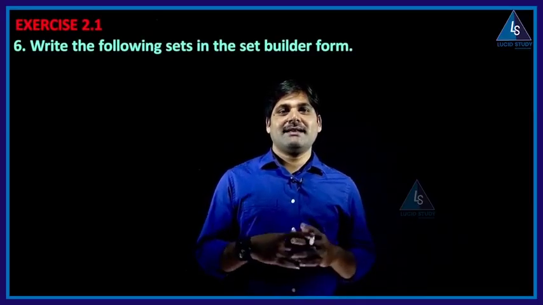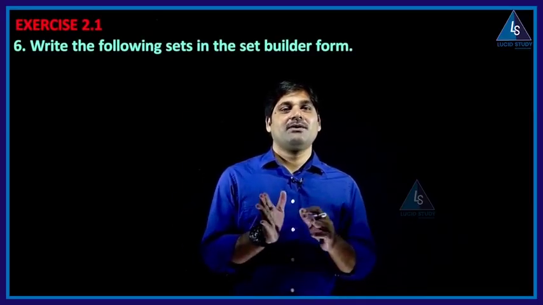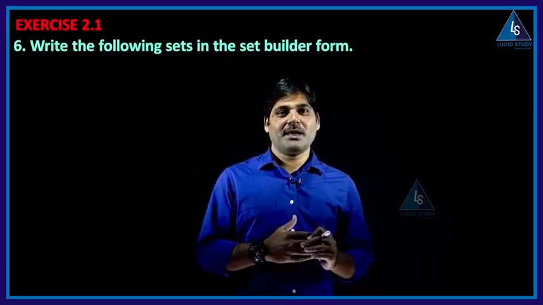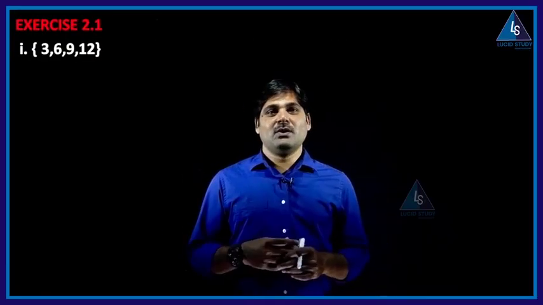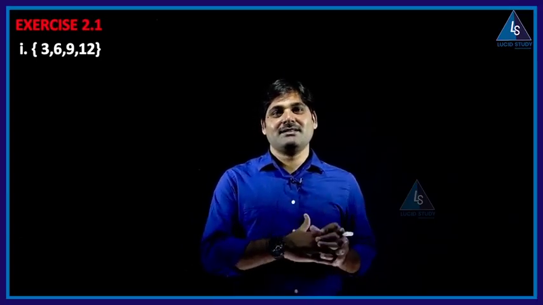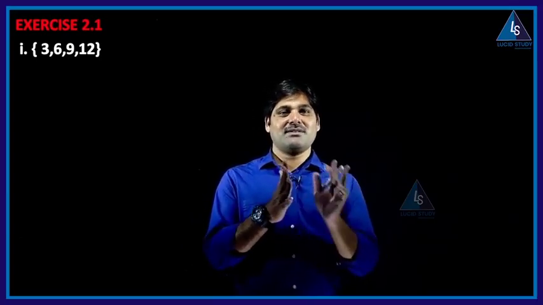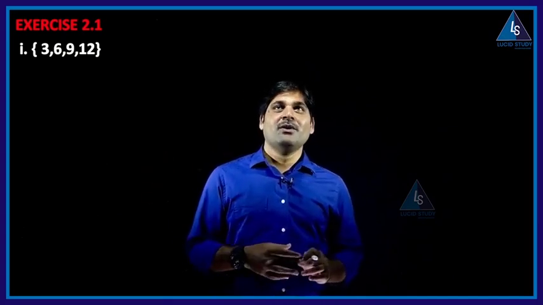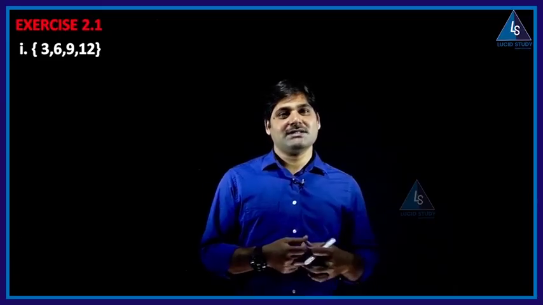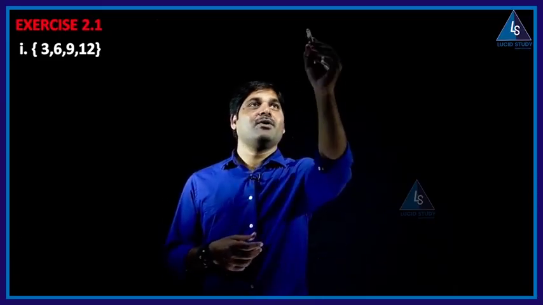See the next question. It is given in set builder form, we need to convert it into roster form. See the first one: 3, 6, 9, 12. By seeing this you need to understand these are all multiples of 3, up to 12. So we can write our own logic. In set builder, you can build your own logic.